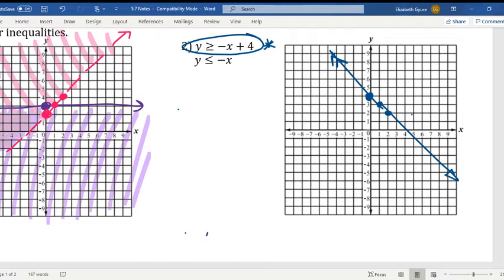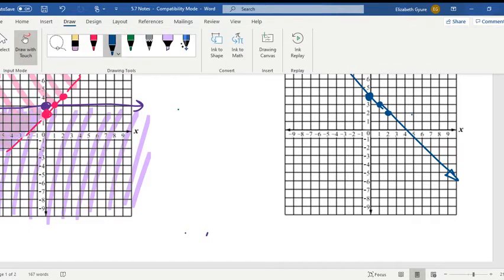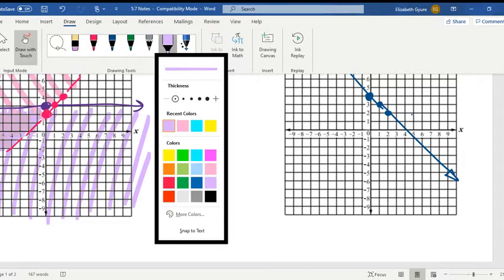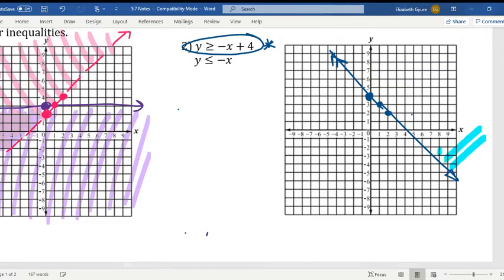So if it's a greater than, should I shade above or below? Above. Yep. Yes, we are going to shade above. I'm thinking that the blue will be easier to see than the purple.